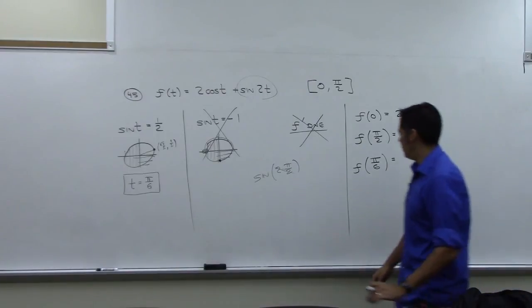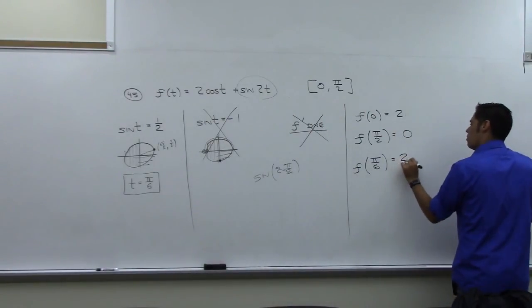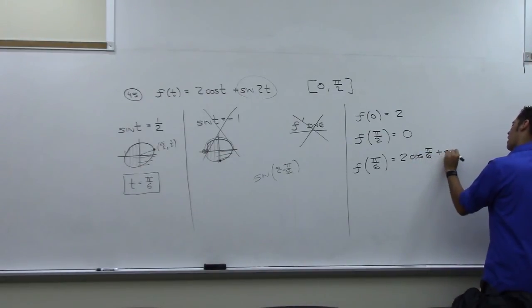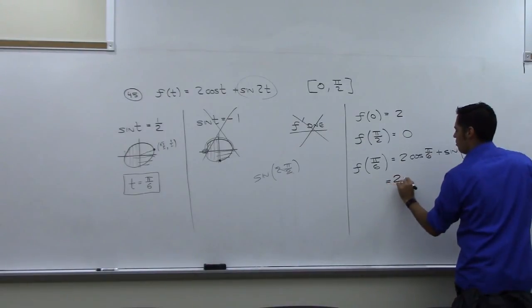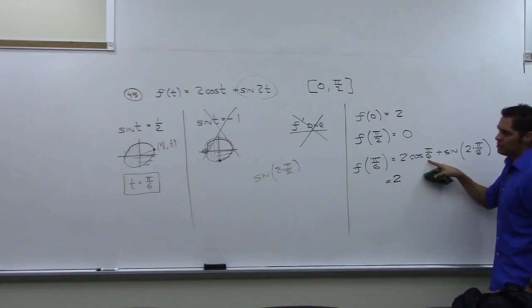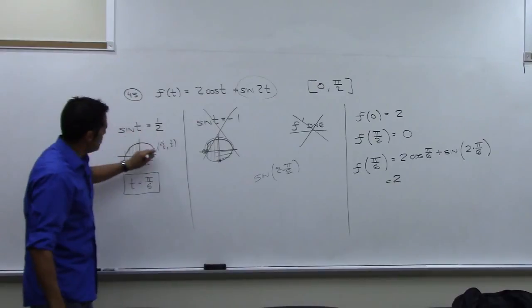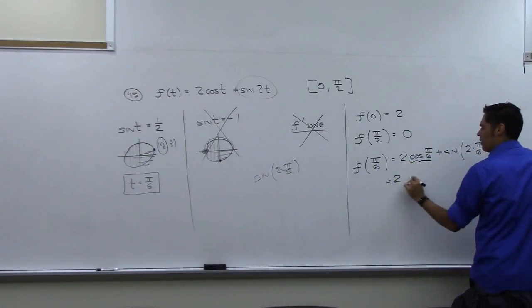And now pi/6. This one's going to be a little bit trickier, so I'm going to write it out. This is 2 cosine pi/6 plus sine of 2 times pi/6, which equals 2, all right, cosine of pi/6. Remember, pi/6 was here, right? So cosine was the x coordinate, so √3/2 is this piece right here.